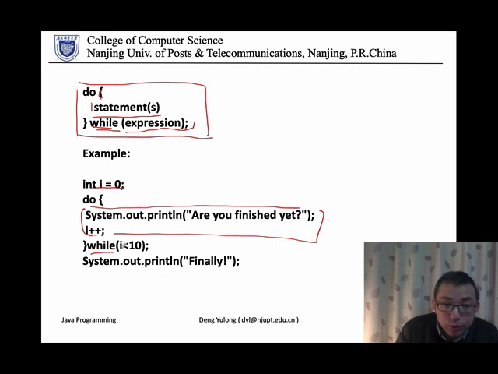Then we do the while expression and evaluate it. If I less than 10 is true, this looping body will be done again. If it's false, we end the loop. So it's the same. We will print out this string 10 times, and finally, okay, it's the same result.